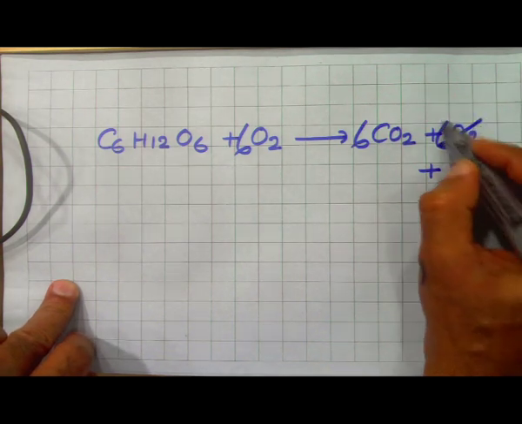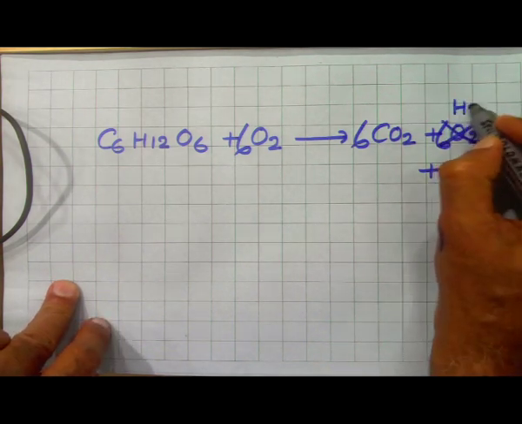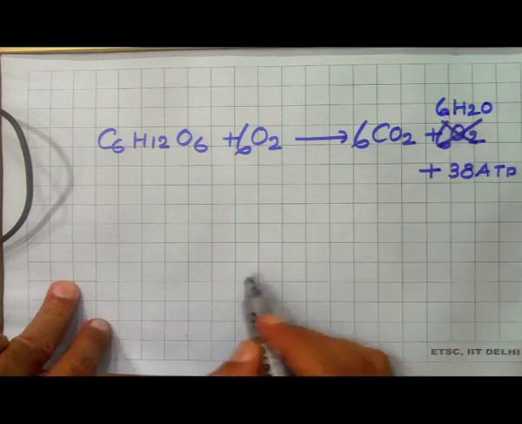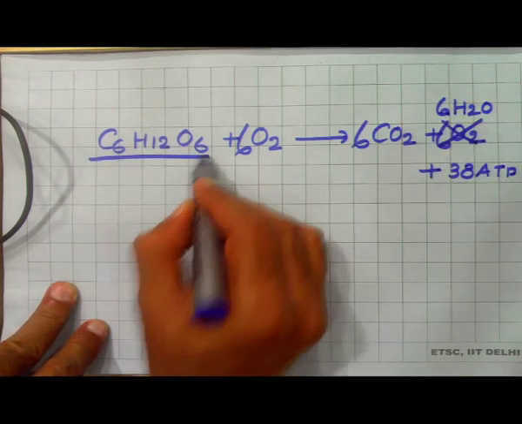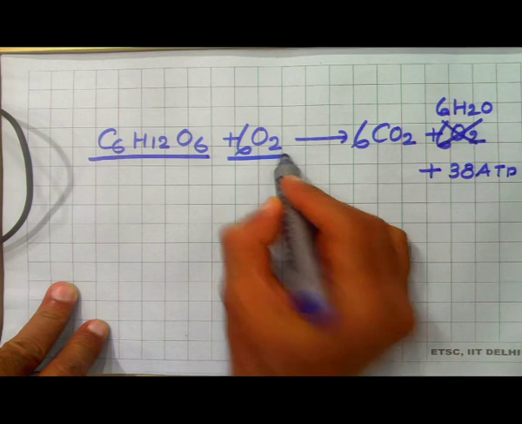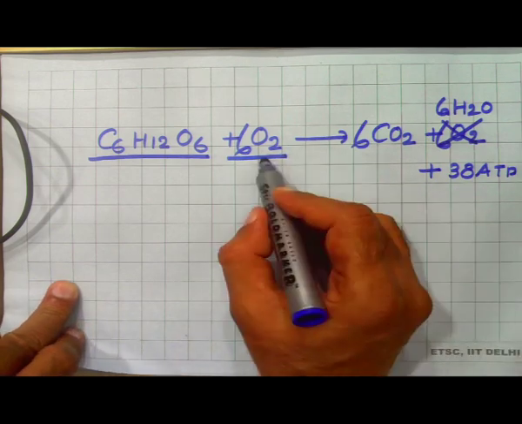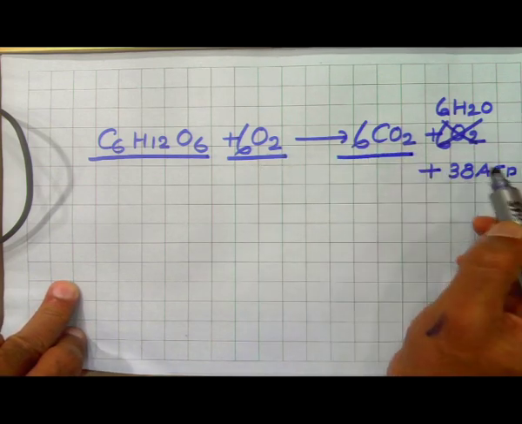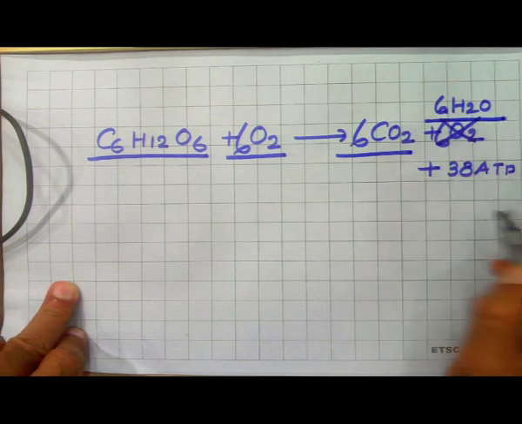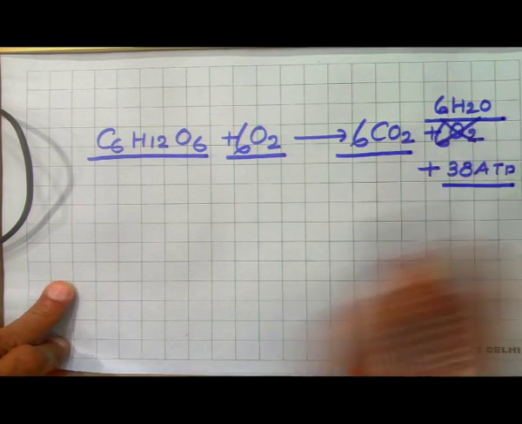Sorry, here the product is water, not oxygen. So, when one molecule of glucose combines with 6 molecules of oxygen, it gives 6 molecules of carbon dioxide, 6 molecules of water and 38 ATP.